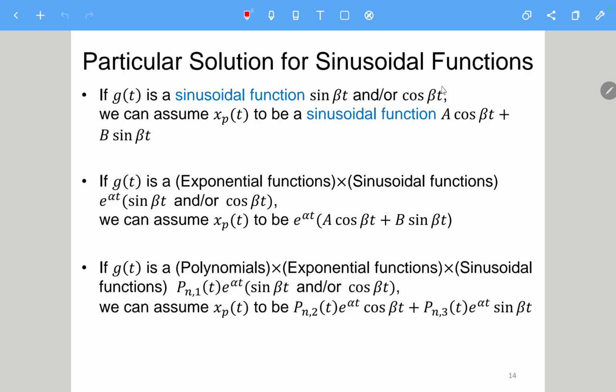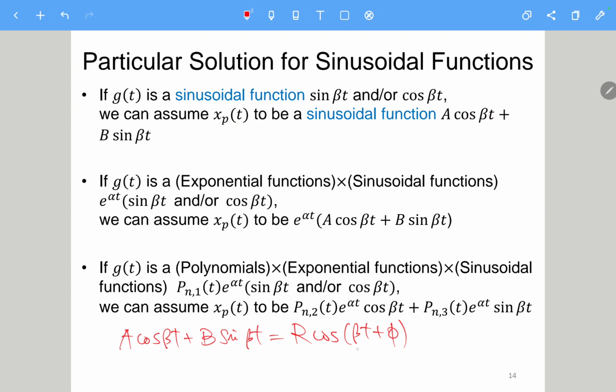Maybe they just occur together, because in high school trigonometry, you should know if you have something like a cosine beta t plus b sine of beta t, you can always write it as r cosine of beta t plus phi, something like this.